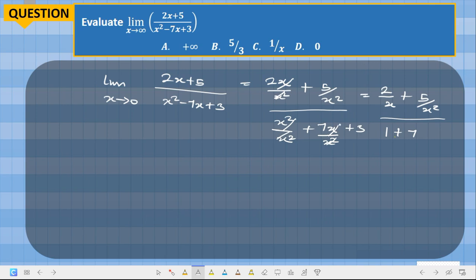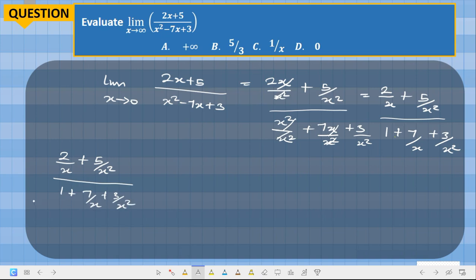This cancels this, it gives us 7 over x plus 3 all over s squared. Now what do we do in this case?